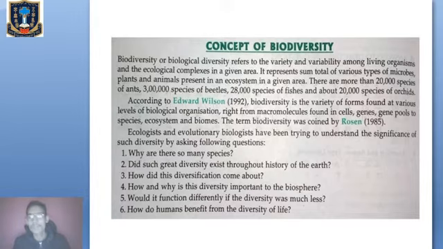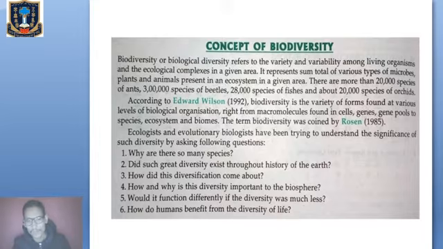So it represents the sum total of various types of microbes, plants and animals present in an ecosystem in a given area. We are not only considering the different species of plants and animals, but also the different types of microbes present in an ecosystem.